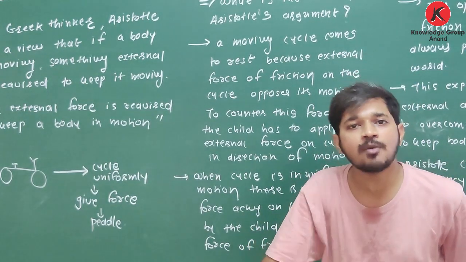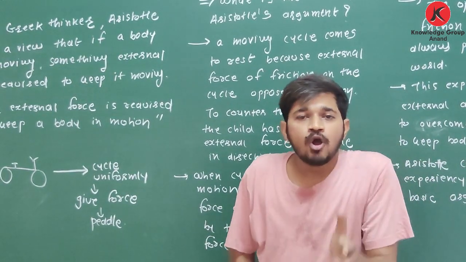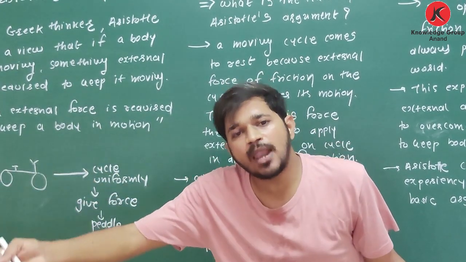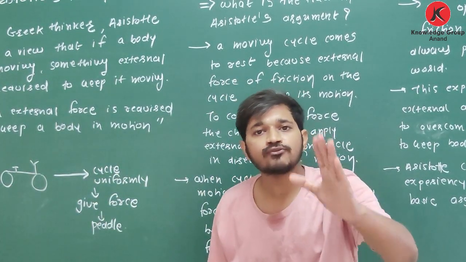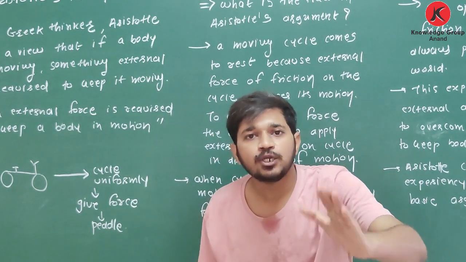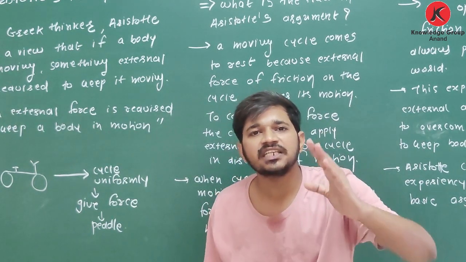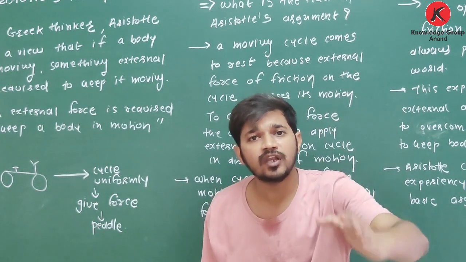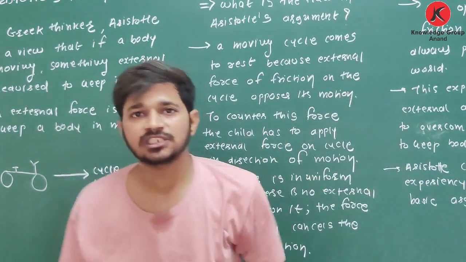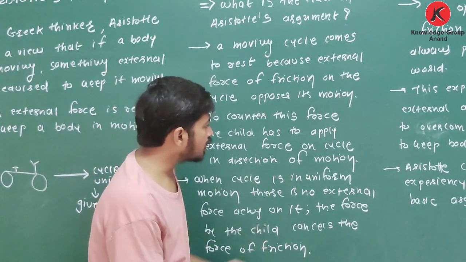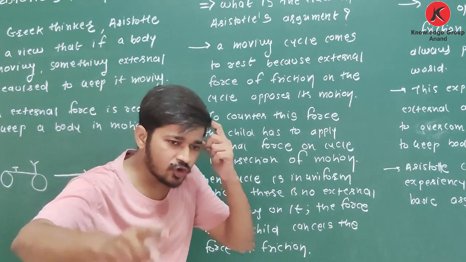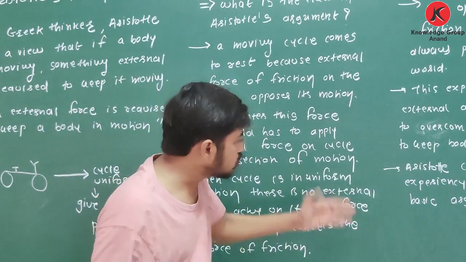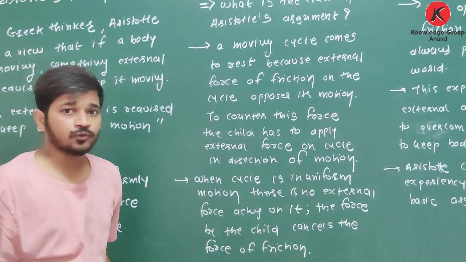If the force of friction is equal to the external force applied by the child, the total force will become 0, and total force 0 means acceleration 0, means velocity constant. That cycle will move with constant velocity. So yes, what is the right argument? The argument is we have to give force to counter that friction force.